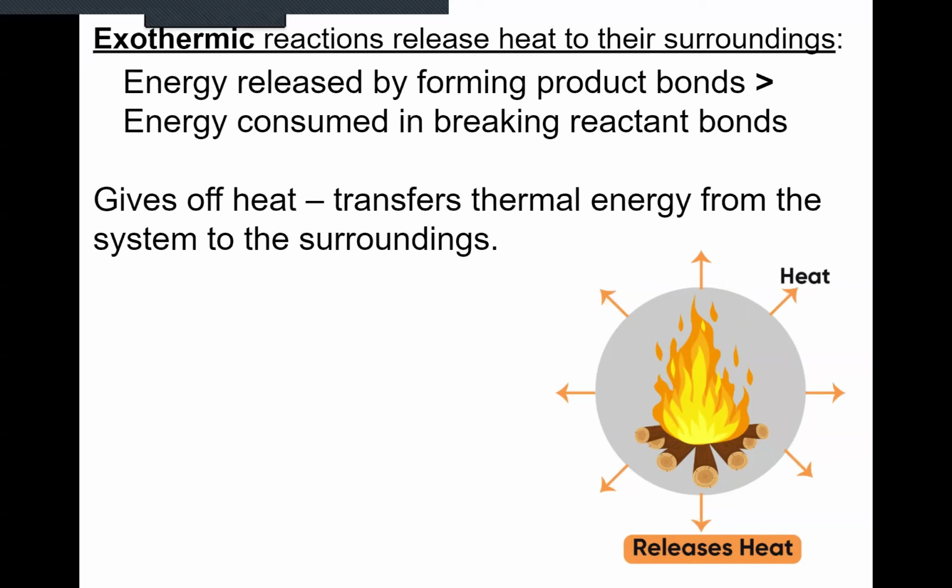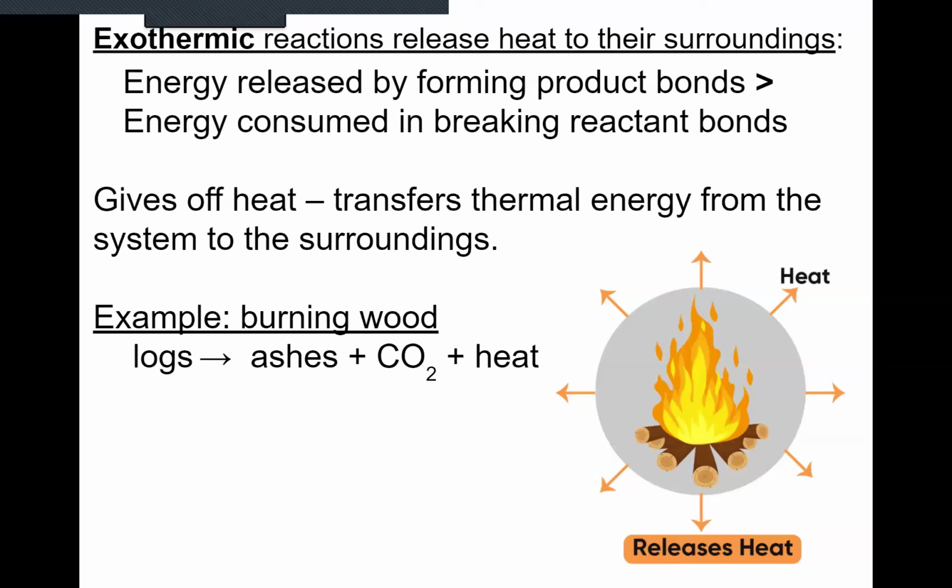They're transferring thermal energy from the system to the surroundings, and ultimately the source of that thermal energy are the chemical bonds that make up the substance. So for a nice example, think of a campfire. Now, the chemical formula for wood is actually pretty complicated and highly variable. Different wood would have different formulas.